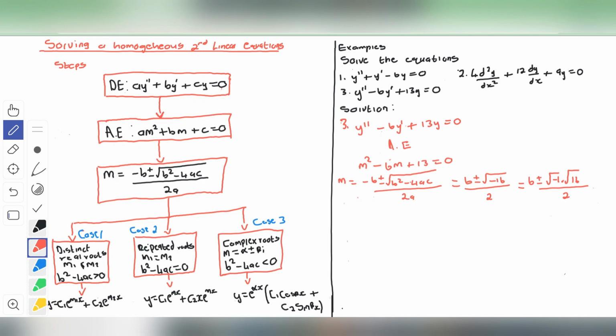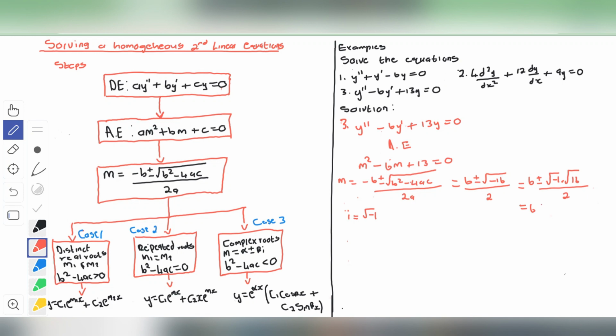So after this, if you don't know about complex numbers, we know that i squared is equal to negative 1, right? This is what you need to know. So where we see the square root of negative 1, we are going to replace it with what? With i.